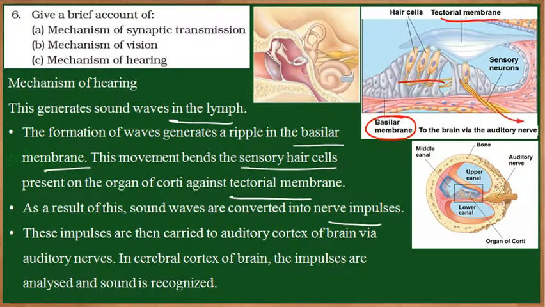This action potential is transmitted to the sensory neurons, that is the auditory nerves, and through the auditory nerves, the impulse is taken to the brain, the hearing center of the brain or the auditory cortex. This information is analyzed and the sound is recognized. So this is how the mechanism of hearing takes place.